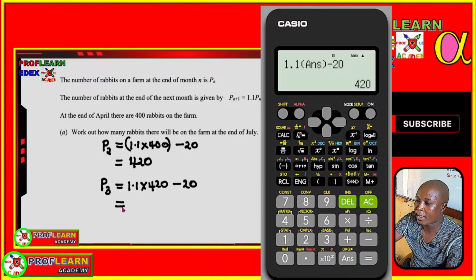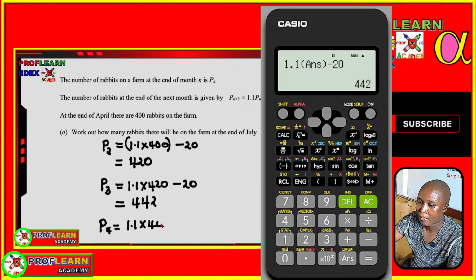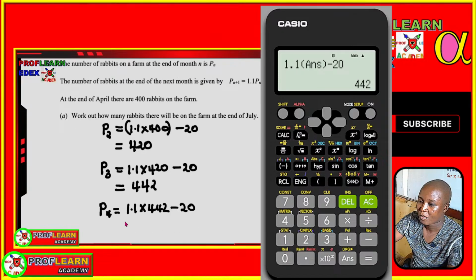Since we had done an input in our calculator, when we press equal again, the calculator is going to give us the next answer. This is going to be 442. So next we are going to say this is going to be 1.1 times 442 minus 20.